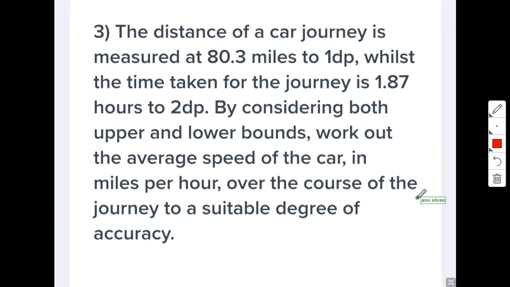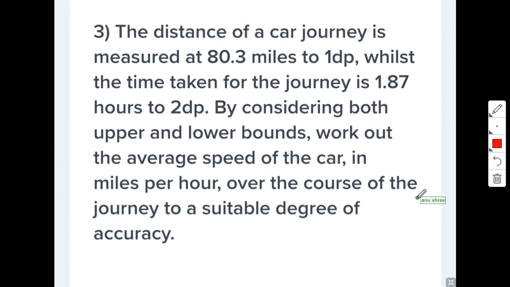So this is time. And the formula is distance over speed. So it's going to be this. So we're working out the speed here, aren't we? Yes, so by considering both upper and lower bounds, work out the average speed of that one.